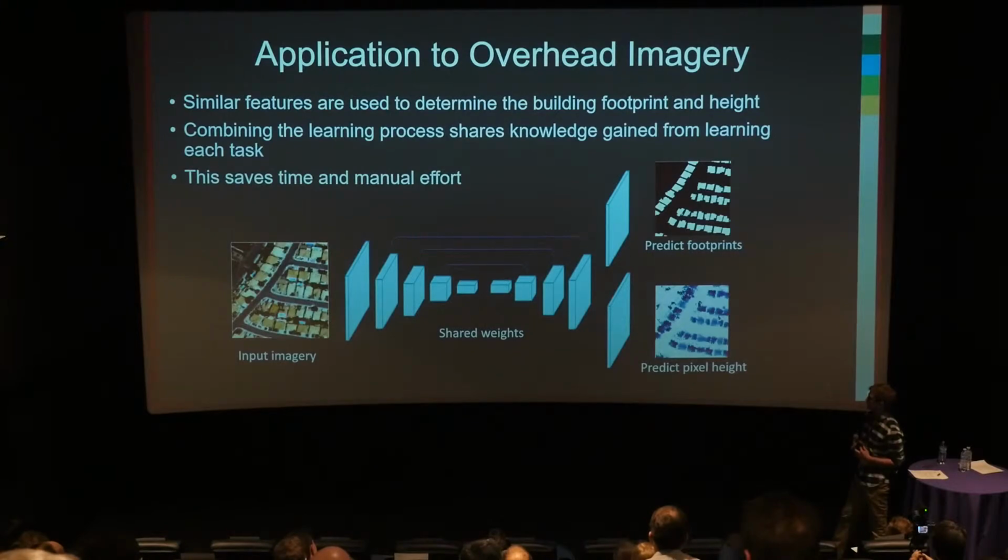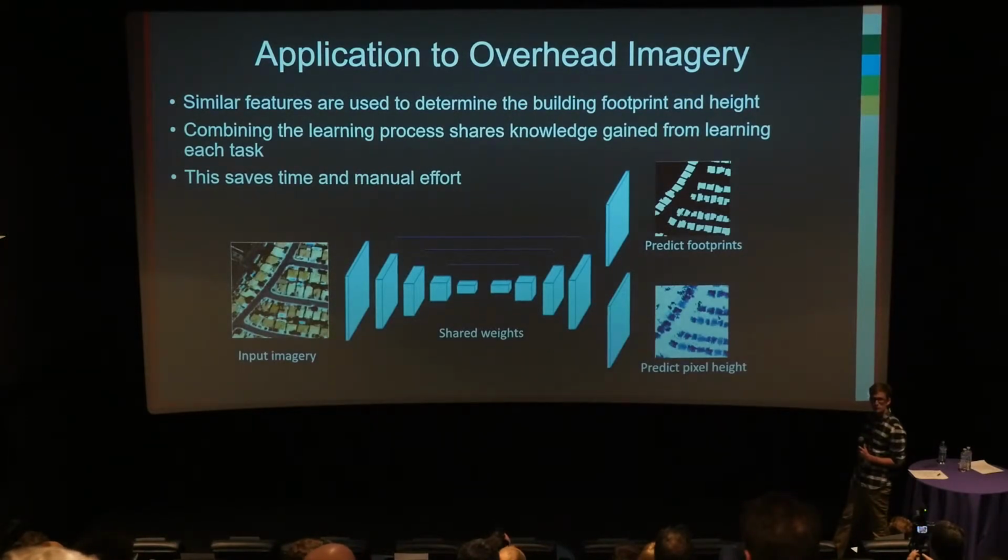All right, so this is the actual structure of my problem. What I feed in is 2D overhead imagery. I feed it into this neural net, and what I want to get out is both the footprints of where the buildings are, and also per pixel the height in meters. So this is like two separate problems, but the problems are pretty similar.